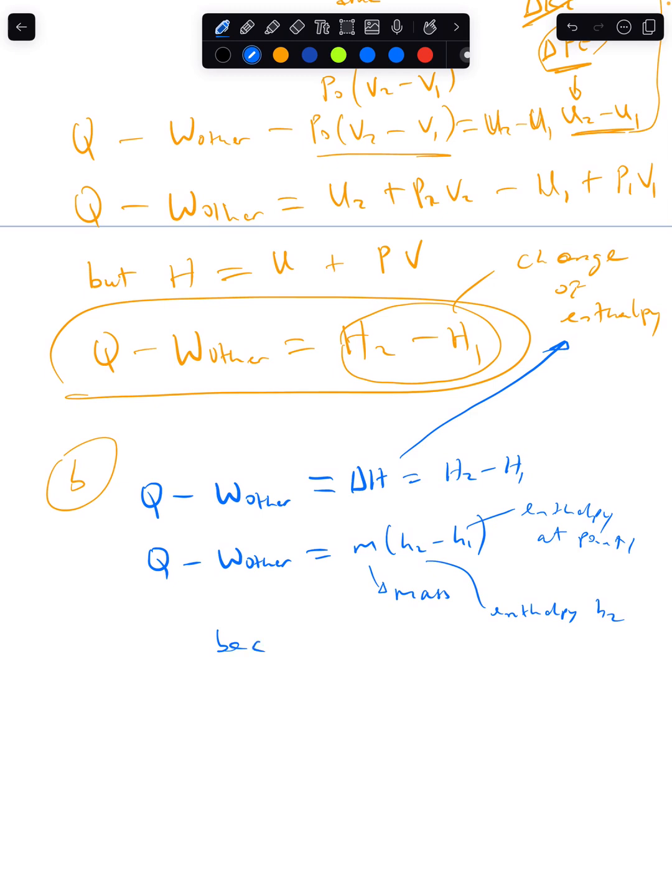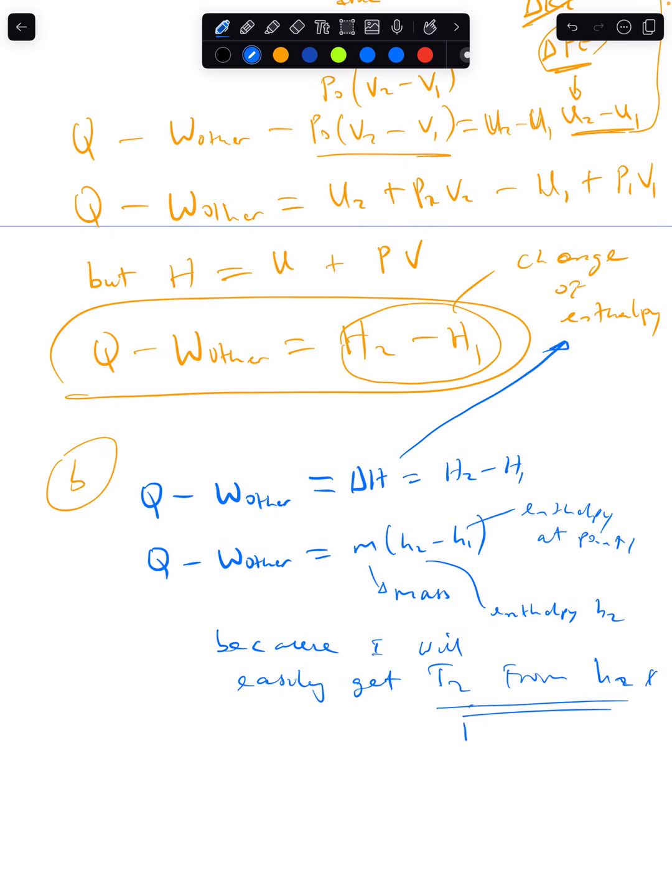Because I will easily get T2 from H2. I can use the property table.